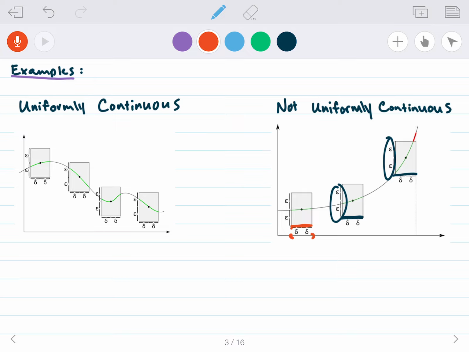So whenever x lives in here, f of x, when I look back up on my curve, better be in that epsilon neighborhood. And it does work for this one, and it does work for this one as well. But notice that we have a point C3, some point C over here, and it doesn't work for this delta neighborhood. Actually, we need a smaller delta neighborhood to make it work.